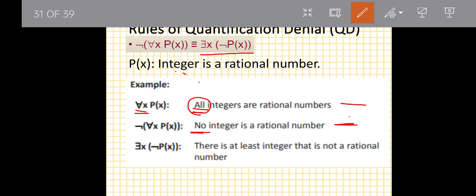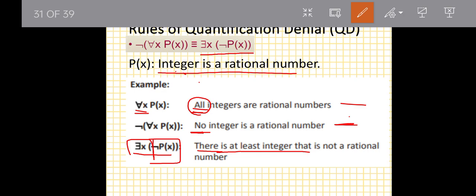So, we know, diba, if we translate a statement with this given symbol, yung existential quantification, there is, there exists. So, since our p of x here is integer is a rational number, magiging there is at least integer, and take note, in-negate natin itong ating p of x.